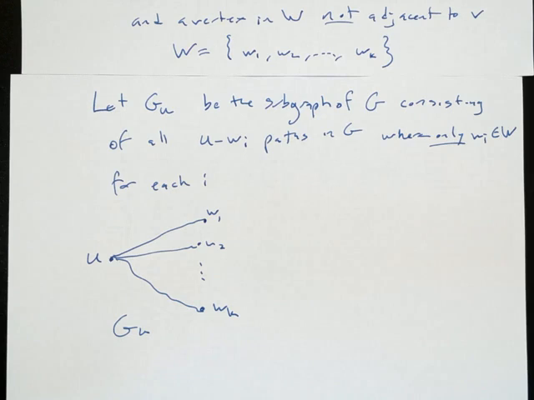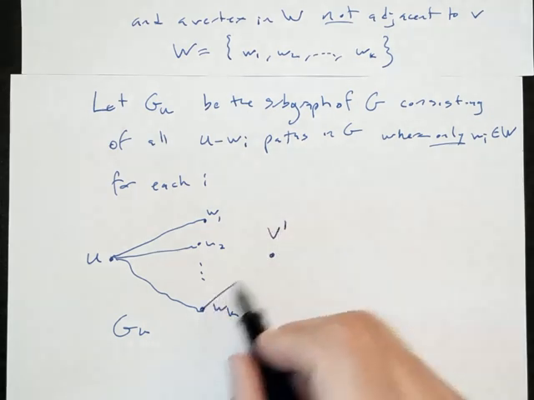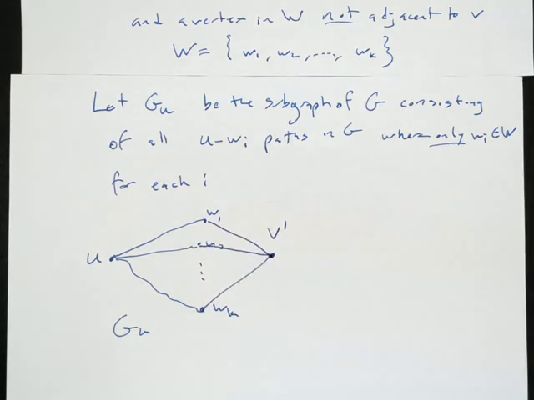I'm going to add a brand new made up vertex to this. The new vertex is called V prime, and V prime is adjacent to all of the W's. This combined thing, I'm going to call GU prime.